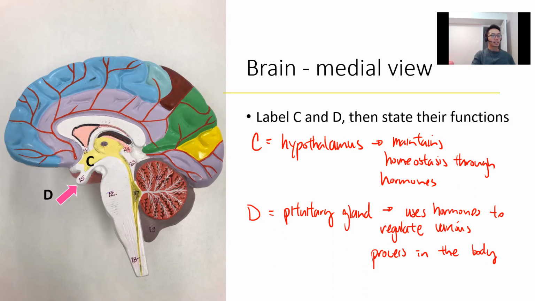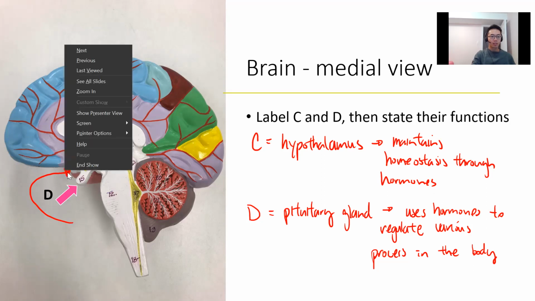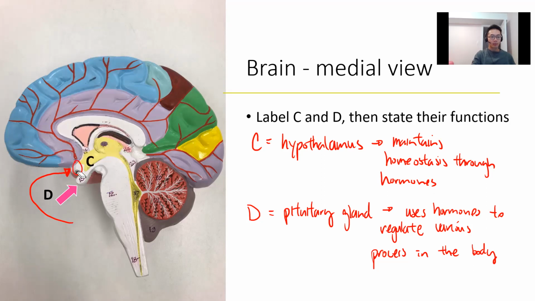Okay, I'm going to ask another question. What is this thing right here? There's a little white thing right here. Anybody know what that is? Oh, thank you, Joan. Very good.